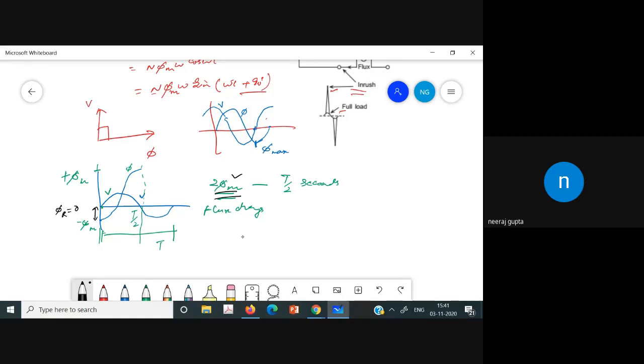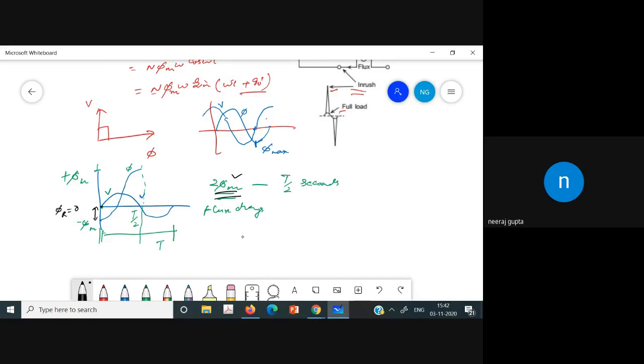Initially, if we take the case, the rate of change is 2 phi m. However, when we start the transformer from here, the rate of change must remain the same, and it must cover 2 phi m in this particular time.